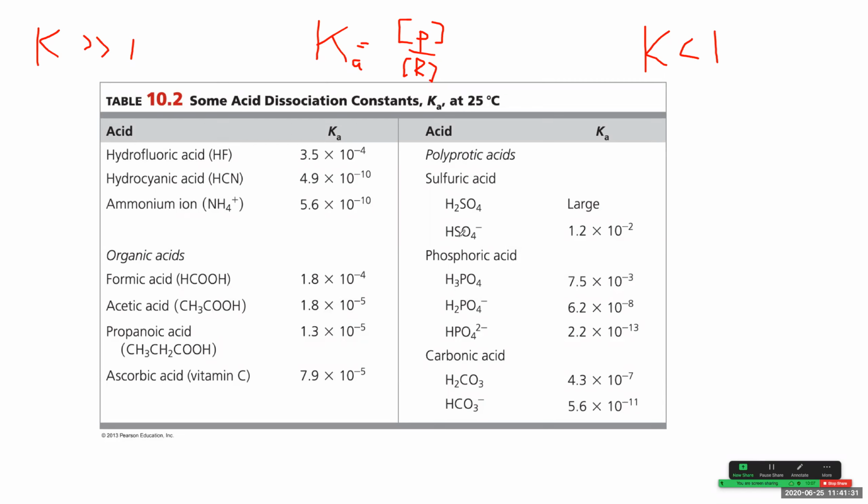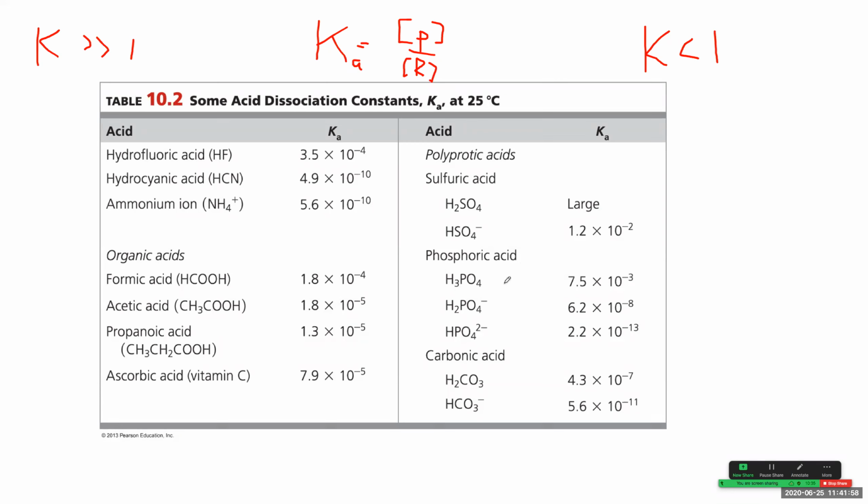The second one is the weak acid. You can see that for H2SO4, Ka is really large. That's over here on the left. It's a strong acid. But HSO4 minus, the conjugate base of H2SO4, has a proton that can come off, and it is a weak acid. So HSO4 minus is a weak acid with a Ka of 1.2 times 10 to the minus 2.